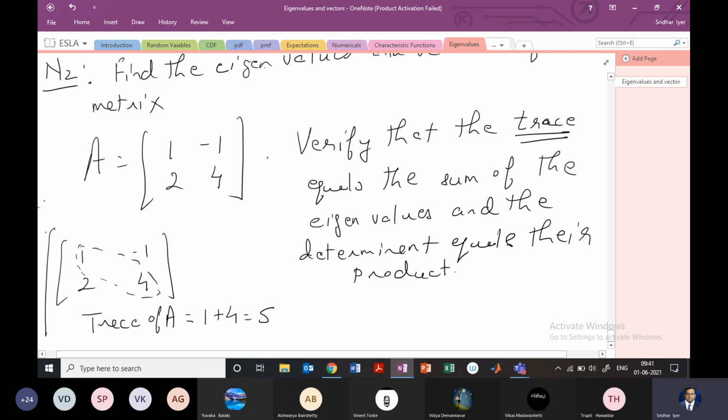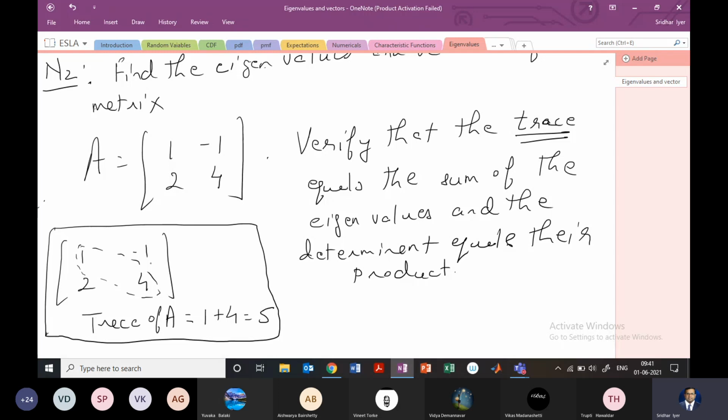So to find the trace of any matrix, you just take the diagonal elements and add them. We have already found the trace, so that is 5.